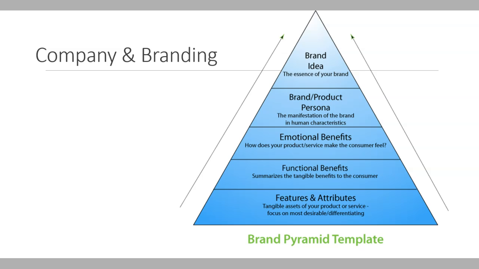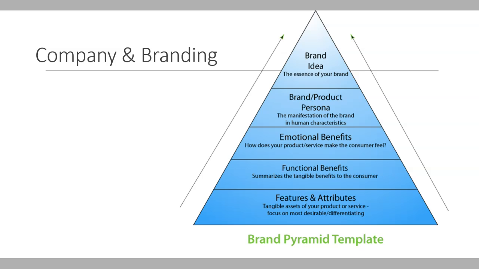While using the product or service, are there some emotional benefits? Those things that make the customer feel better, whether it's a particular fashion, a particular model of automobile, a particular type of smartphone, for example.